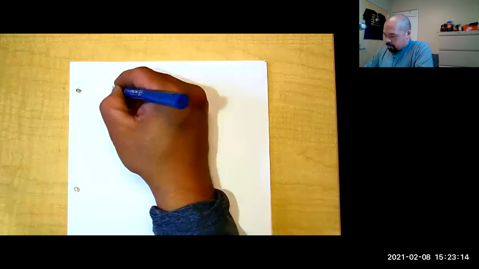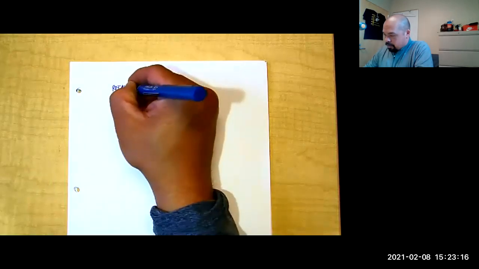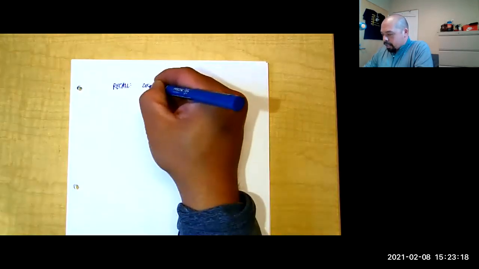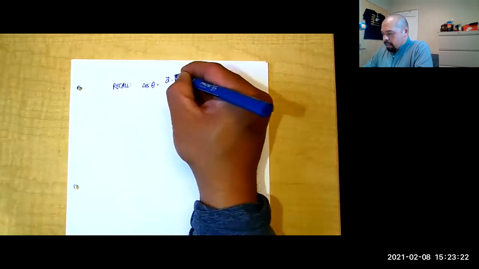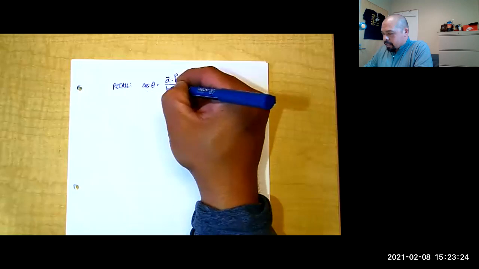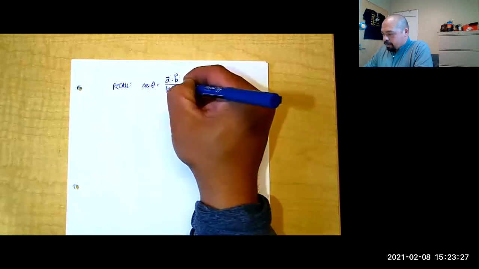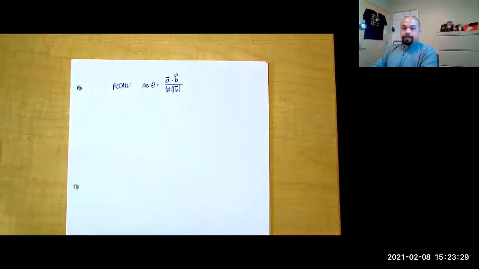Recall we had with our dot product that the cosine of our angle theta was A dotted with B over the product of their magnitudes, right?